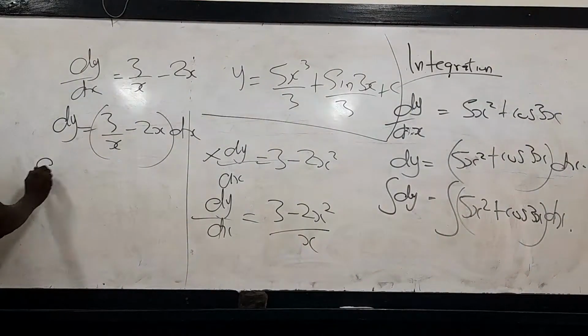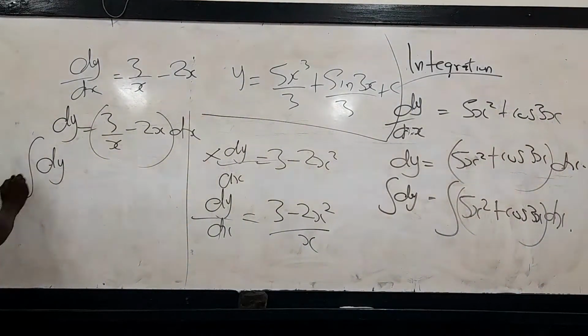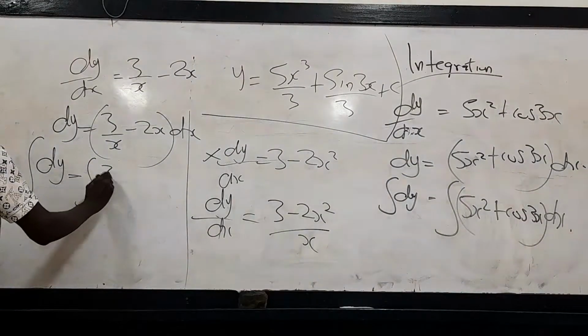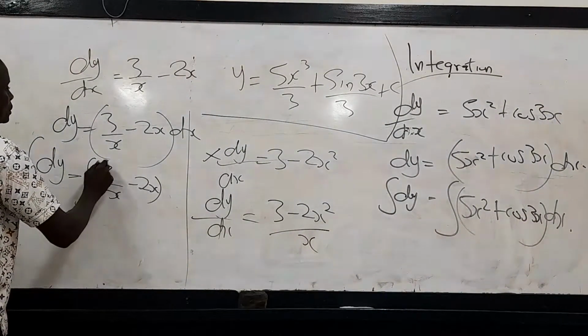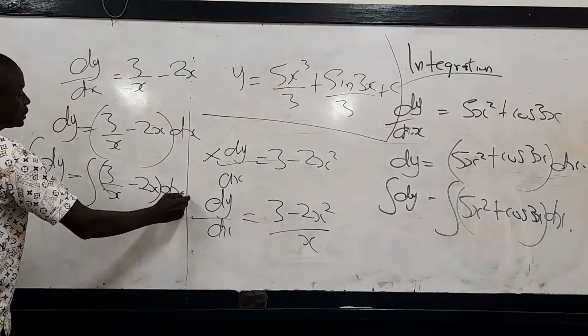So integrating both sides, I have the integral of dy is equal to the integral of 3 over x minus 2x dx.